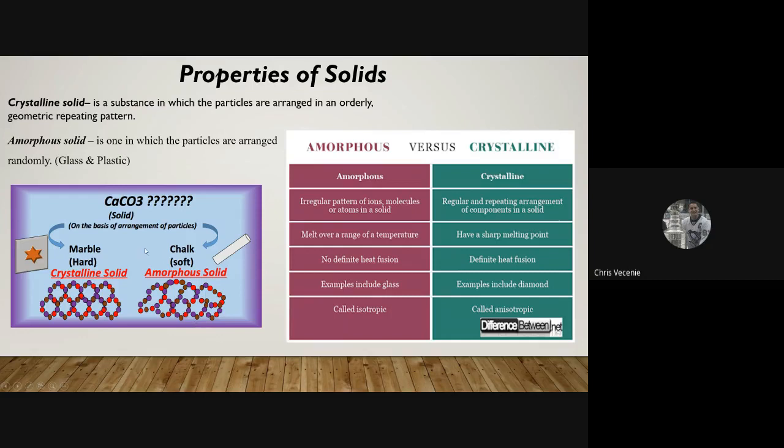Amorphous solids, on the other hand, like chalk, which is also CaCO3, have a non-uniform pattern. If you look at the one here on the right, notice we aren't seeing that consistency of the hexagon pattern over and over again. You're not seeing the repeated pattern among the individual atoms.